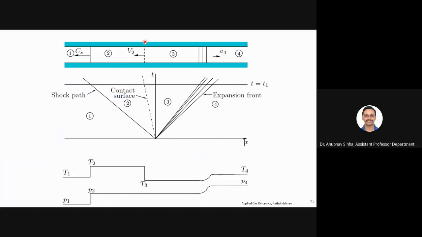So initially imagine that there is a membrane sitting at this location. Once I suddenly remove that, the gases stored at high pressure here and the gases at low pressure there, the high pressure gas will suddenly start moving to the left, which will generate a shock wave that travels in region 1.